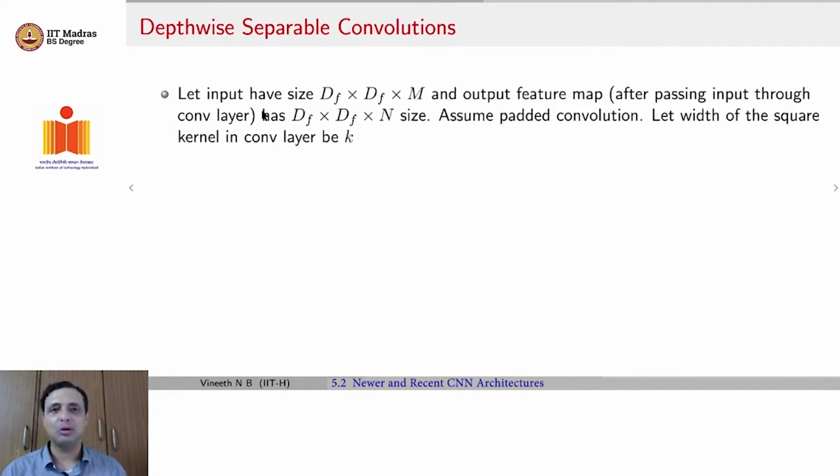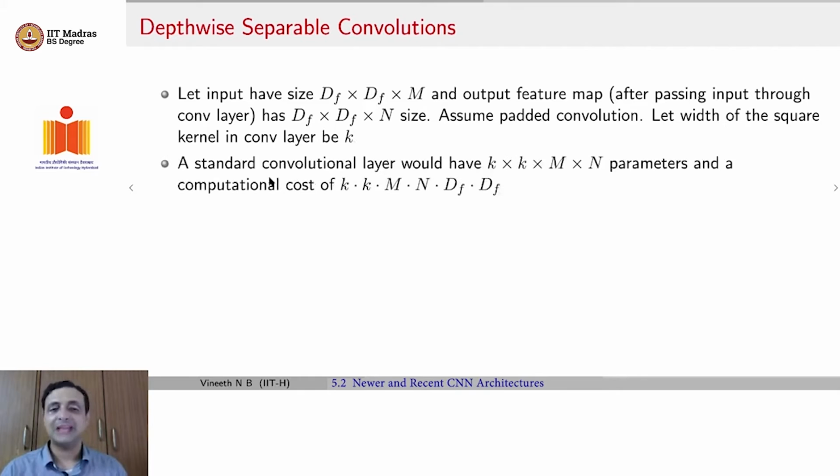Assume that the input is df cross df cross m, and the output feature map after a conv layer is df cross df cross n, assuming that the size did not reduce, that is, you assume padded convolution to ensure that the size does not reduce. Now let the square convolution kernel be k cross k.